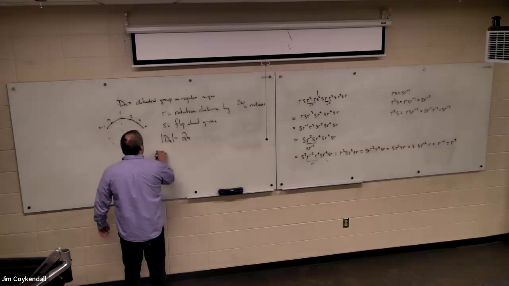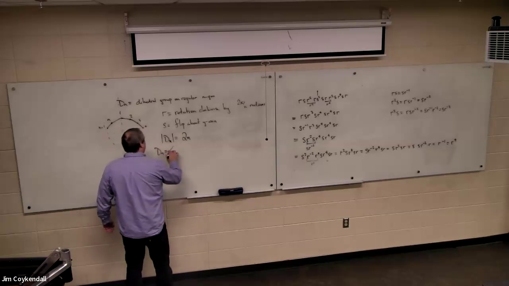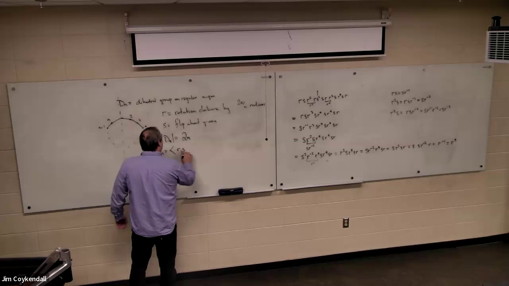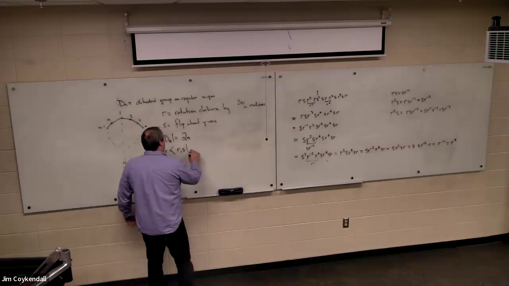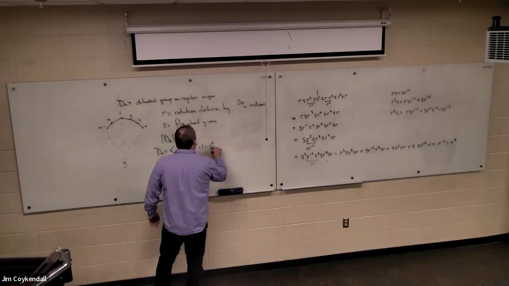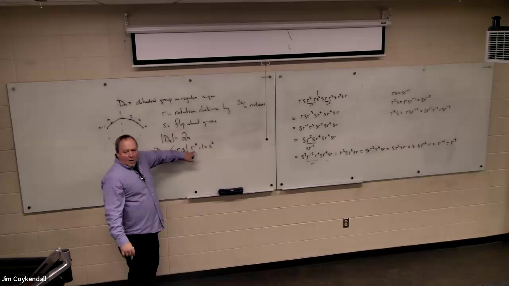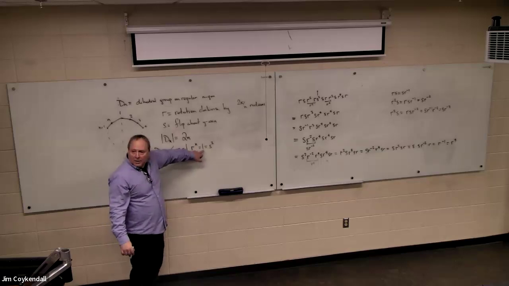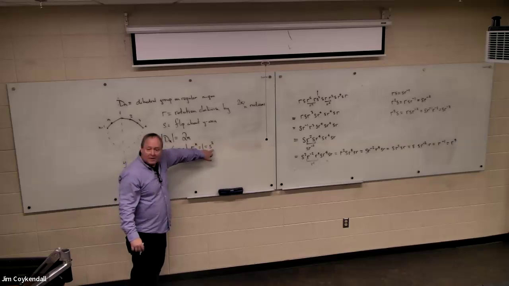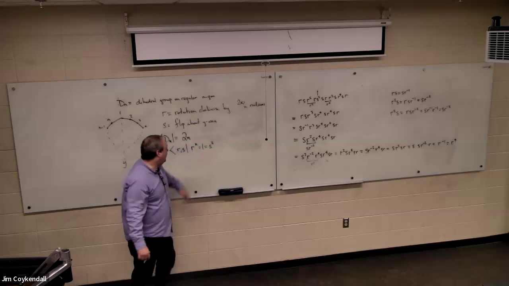And Dn, we sometimes write it this way, is generated by R, S, subject to the relations: when you rotate the n-gon n times, you get back to 1. You get back to the identity, the original position, right? When you flip it twice, you get back.